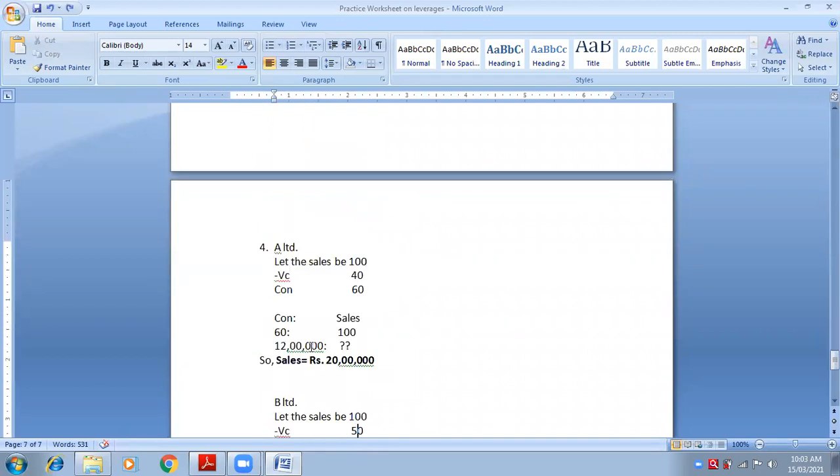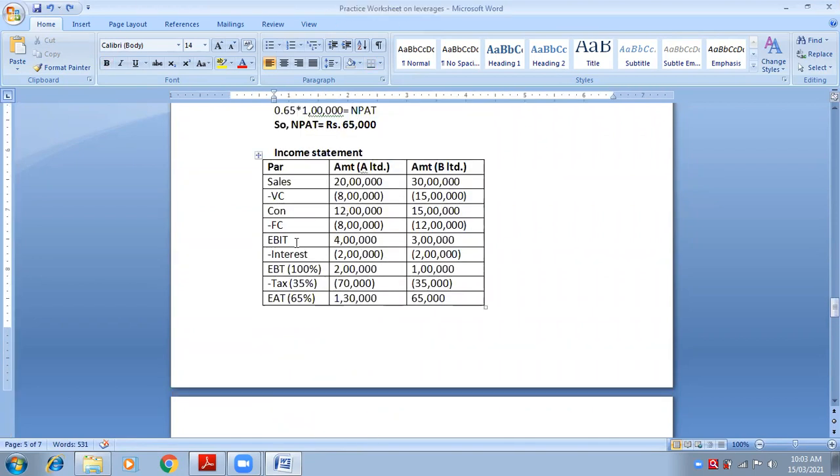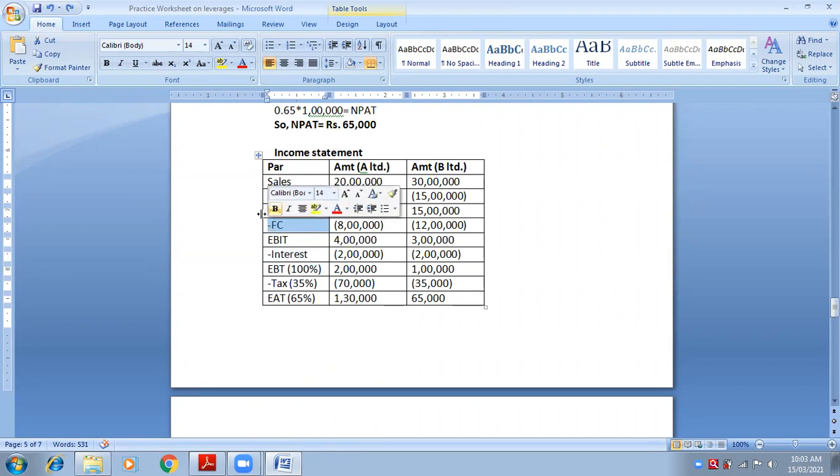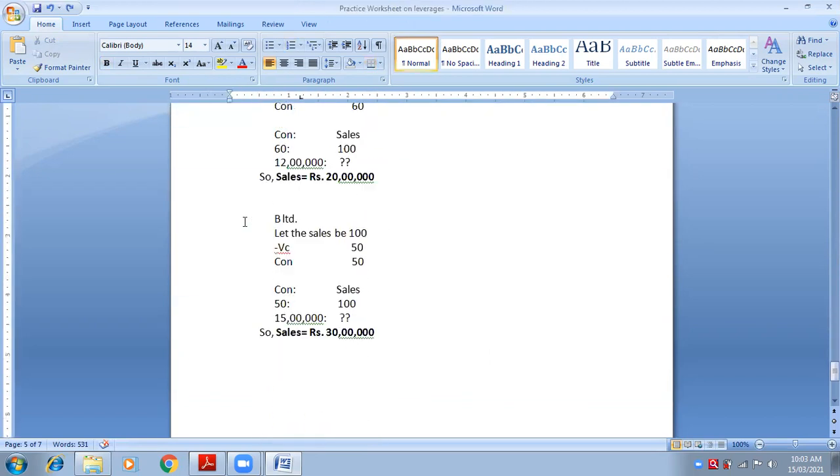Now, see, the middle portions can be found out easily because EBIT is there, contribution is there, EBT is there. So we can find out interest and we can find out fixed cost. Now what is left over is sales and variable cost. It can be easily done with the help of assumption, let the sales be 100.